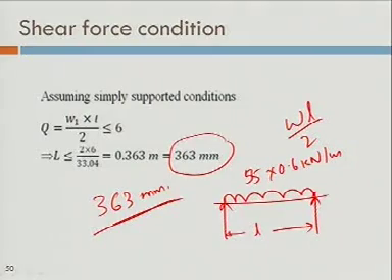Are you getting this 363? This value you can take it as 6 kilonewton permissible shear.